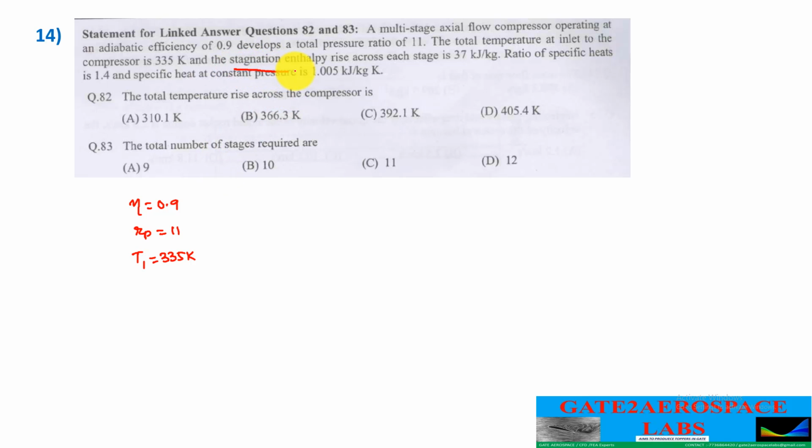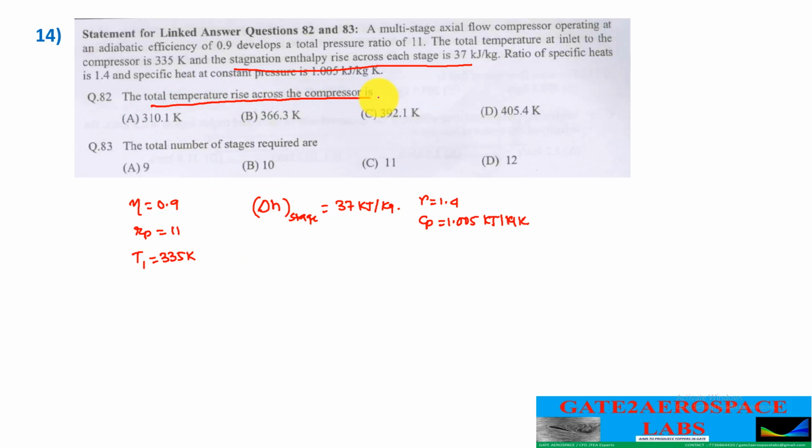The stagnation enthalpy rise across each stage is 37 kilojoules per kg. The value of gamma is 1.4, and Cp is 1.005 kilojoules per kg Kelvin. Now, the total temperature rise across the compressor is what?